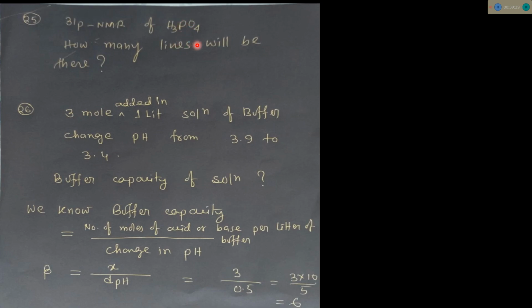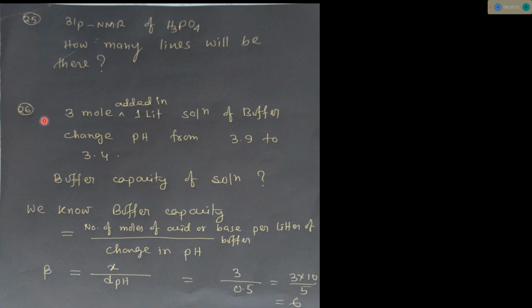If there were another phosphorus atom connected to this phosphorus, then the splitting would occur, because this phosphorus is split by that phosphorus atom and vice versa. So we will not consider splitting here. Only one line will be observed in 31P NMR of H3PO4.